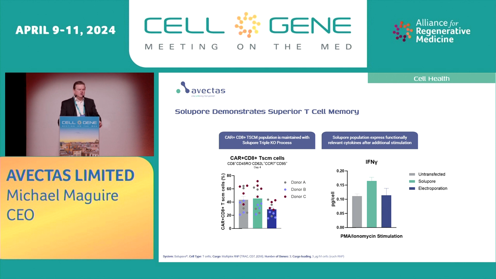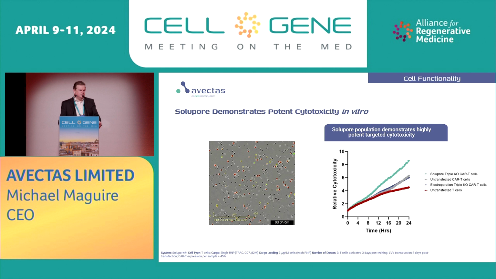The electroporation is in the purple or blue here. So what we can see on the left-hand side is greater preservation of the stem central memory subpopulation in that population of triple edited CD19 cells with the Solupore manufacturing step. And on the right-hand side, when we look at secretion of interferon gamma from this population of cells, as a marker of cytotoxic activity, we see that the interferon gamma is higher coming from these cells which have been Solupore modified relative to those which have been electroporated.